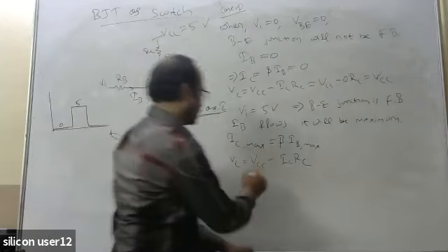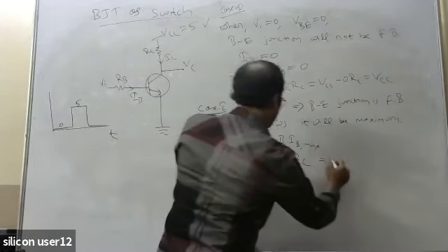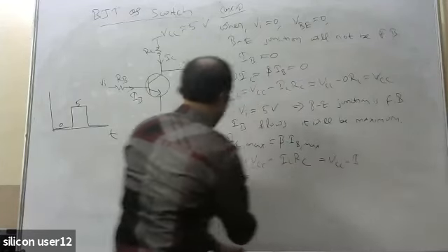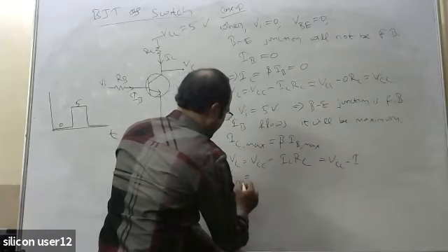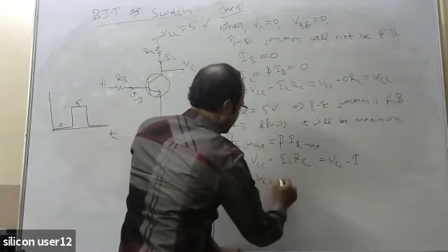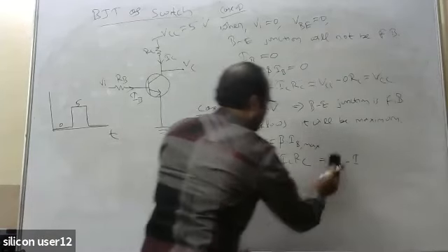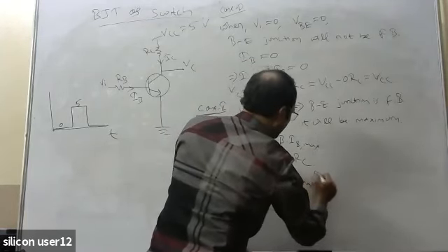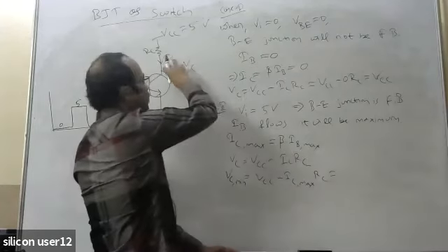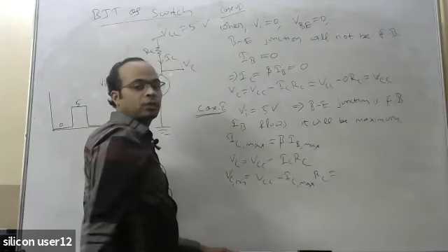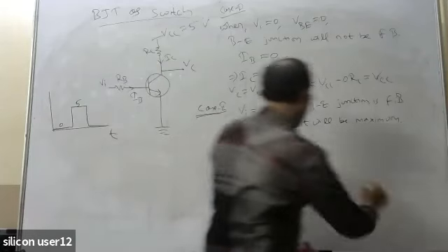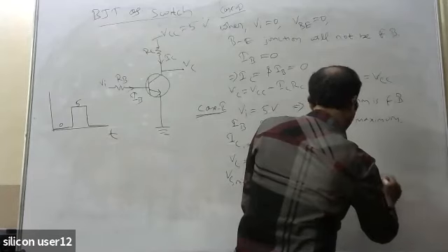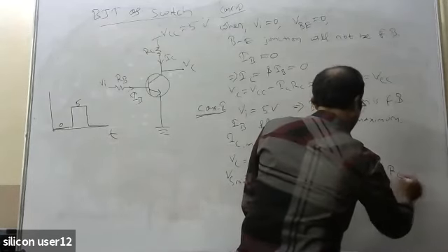So VC minimum equals VCC minus the maximum value of IC into RC. The maximum value of IC is the IC saturation value, so VCC minus IC sat into RC.